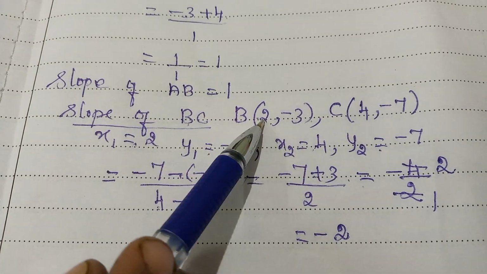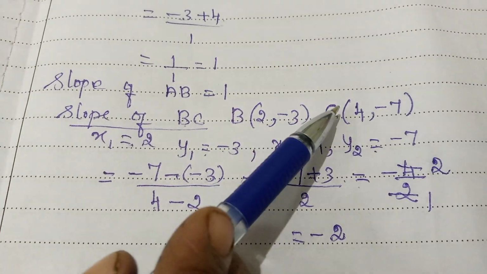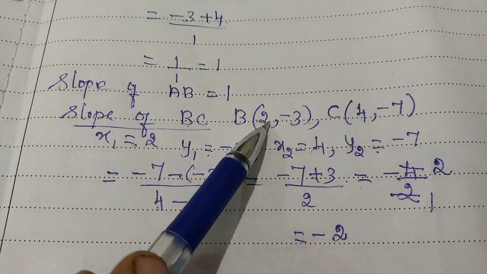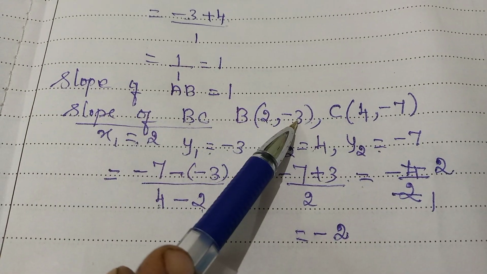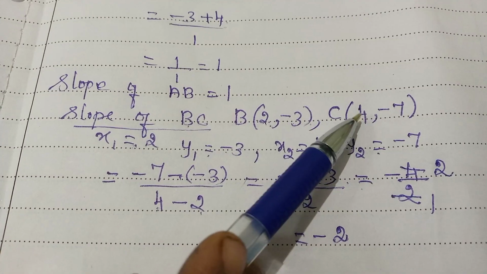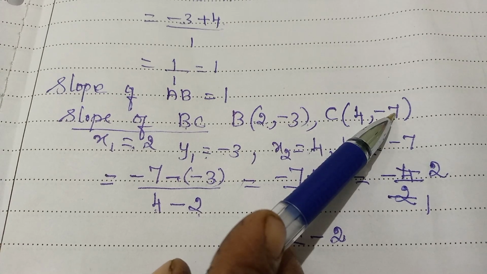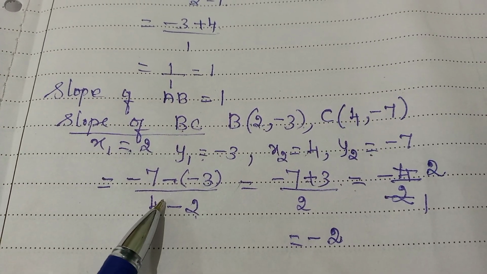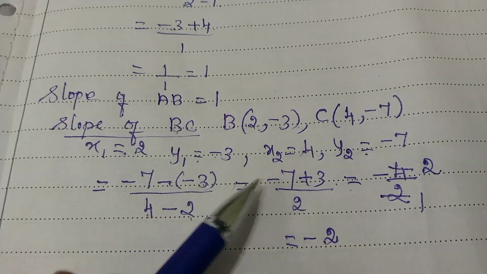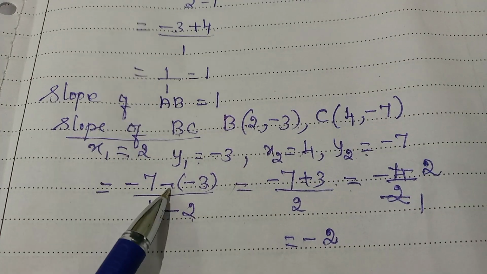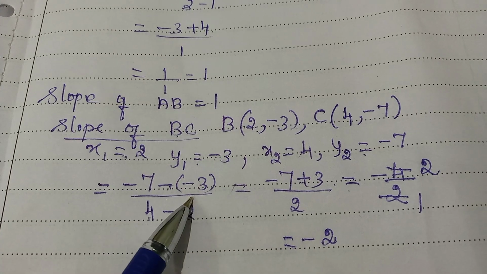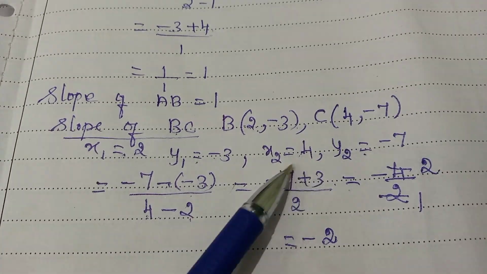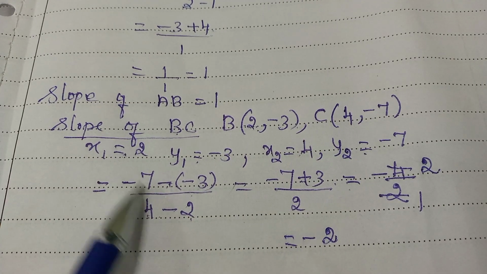Let us find out slope of BC. For that we use B of 2 comma minus 3 and C of 4 comma minus 7. X1 equal to 2, Y1 is equal to minus 3, X2 is equal to 4, Y2 equal to minus 7. Let's substitute these values in the formula Y2 minus Y1 by X2 minus X1. So Y2 is minus 7 minus Y1 is minus 3 divided by X2 is 4 minus x1 is 2.